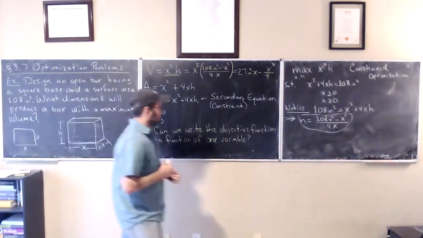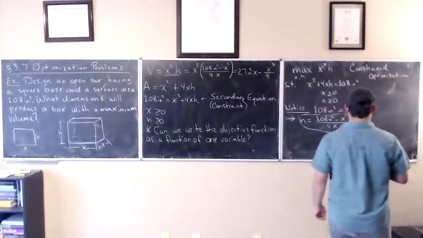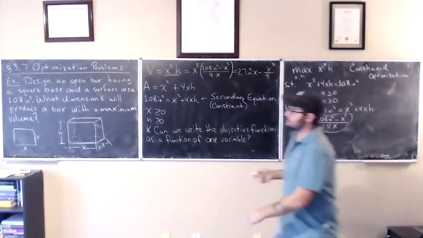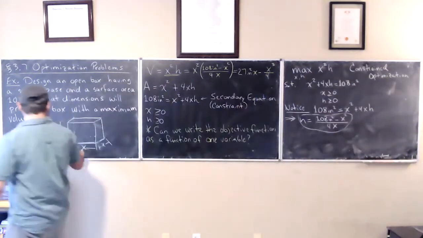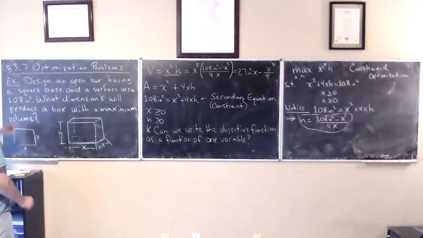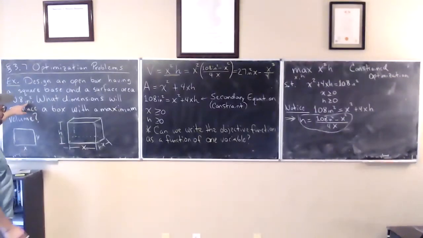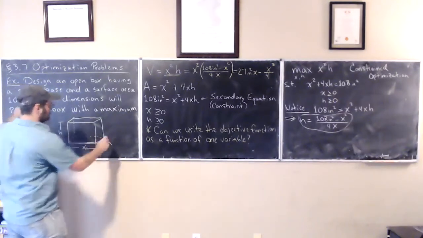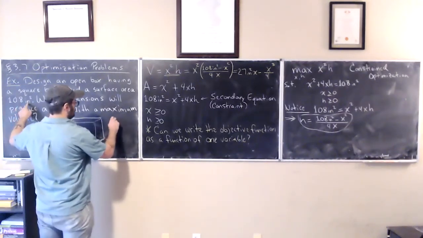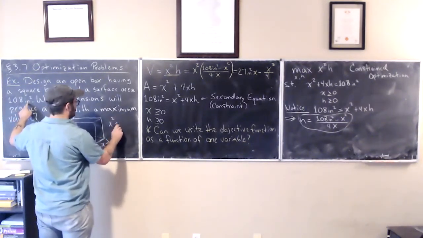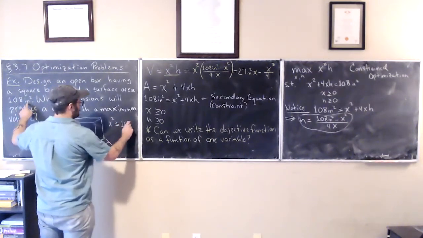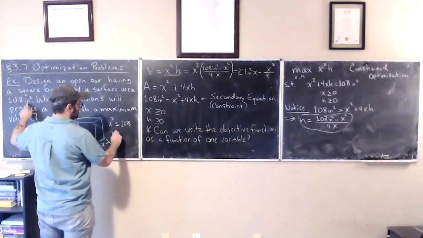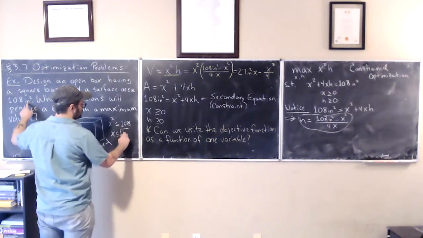So, oh, I just noticed another constraint. Since the surface area is at most 108 square inches, x times x can be no more than 108, which means that x can be no more than root 108.